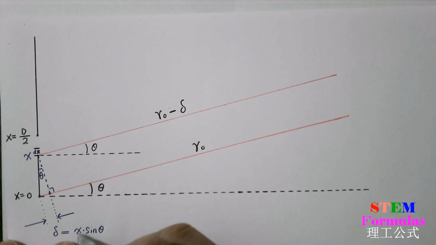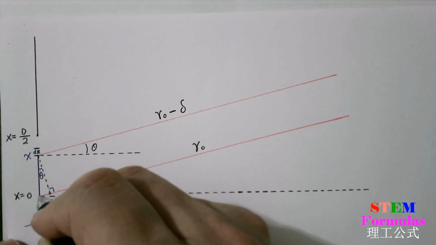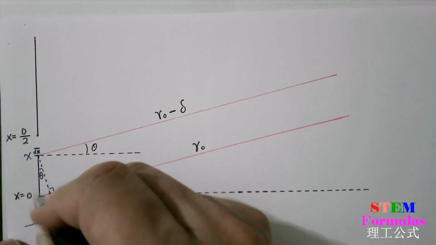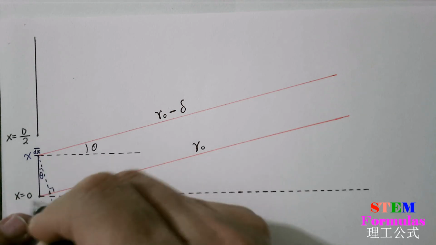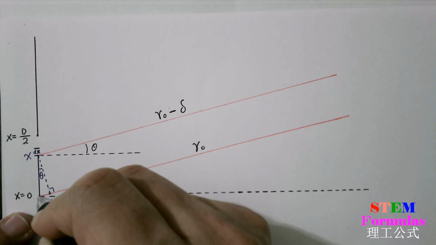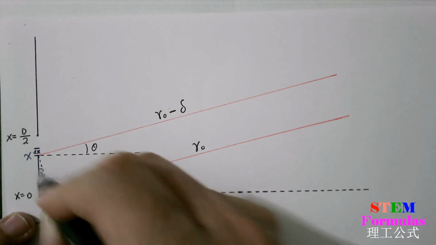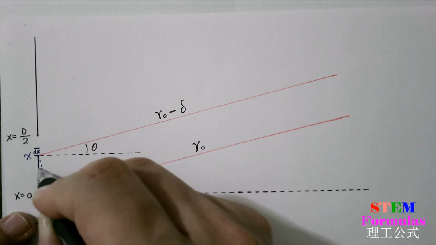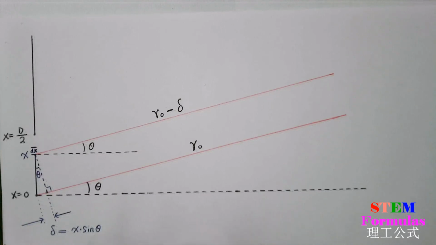Delta equals x times sine theta. From here to here is x, because this coordinate is x equal to 0. This angle is theta, so this angle is also theta. So x times sine theta equals delta.